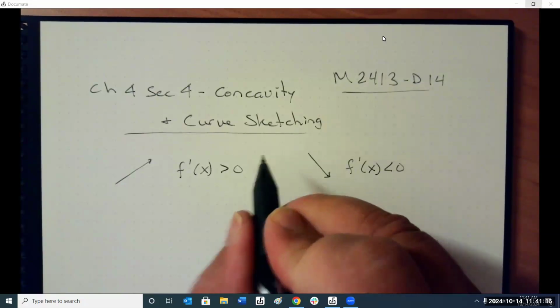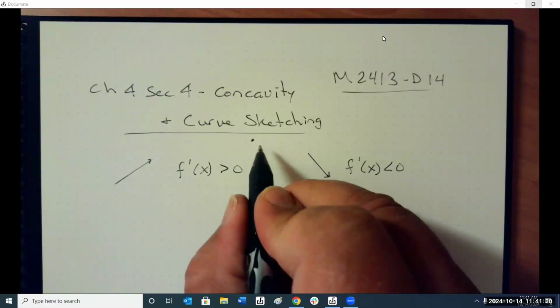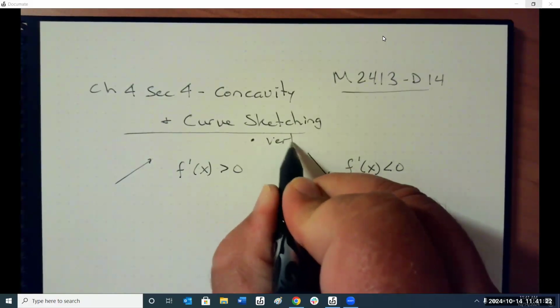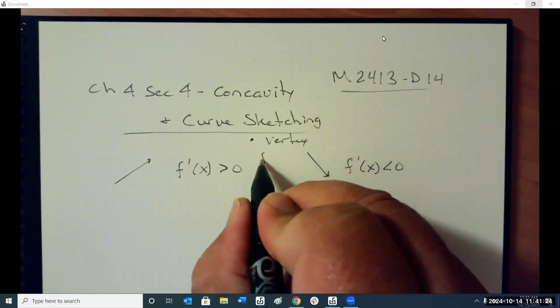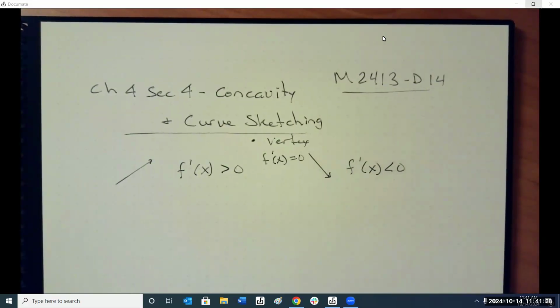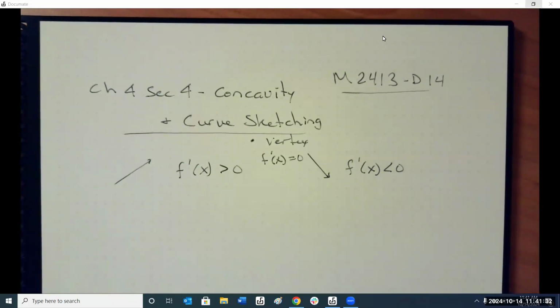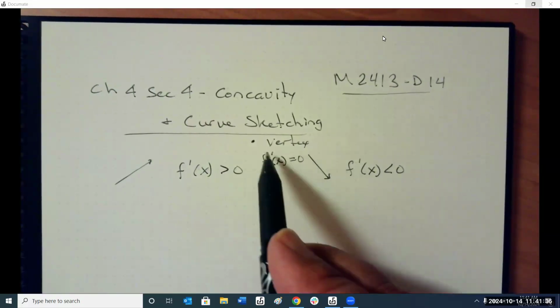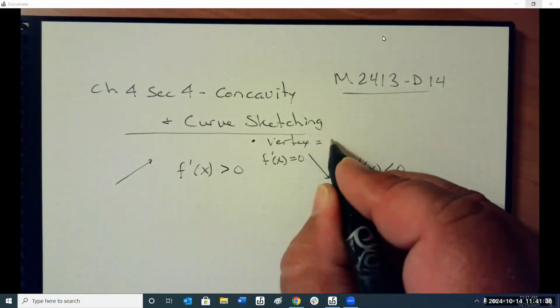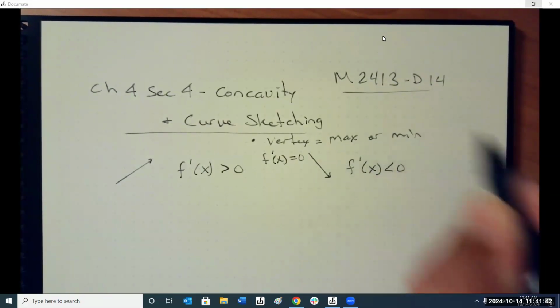And we saw the vertex. That's where the first derivative is equal to 0. It's neither increasing nor decreasing. So this will tell you the vertex, whether it's a max or min.